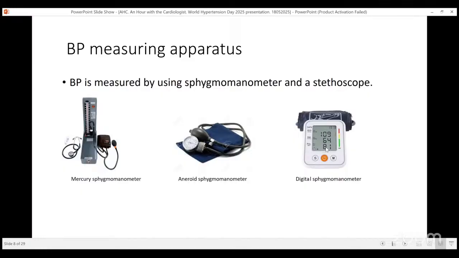This is usually put on the forearm. There are some devices that are placed on the wrist. The wrist blood pressure measuring apparatus is okay, it's fine, but it's not as accurate as the one that you place on your arm, like the one we're showing here.